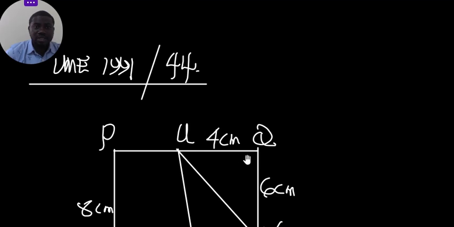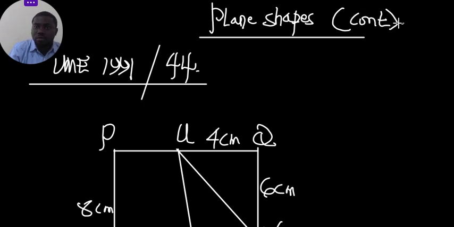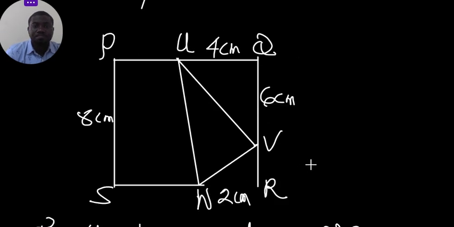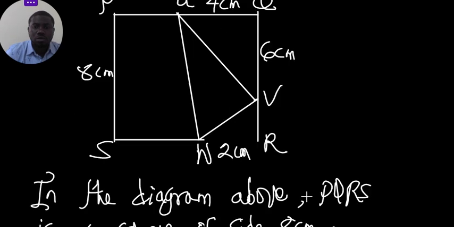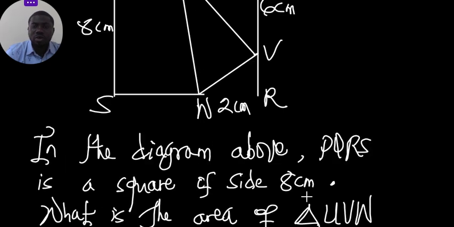Now let's start with UTME 1991 question 44. So we have the question, as you can see from the diagram, and we are required to find the area of triangle UVW.